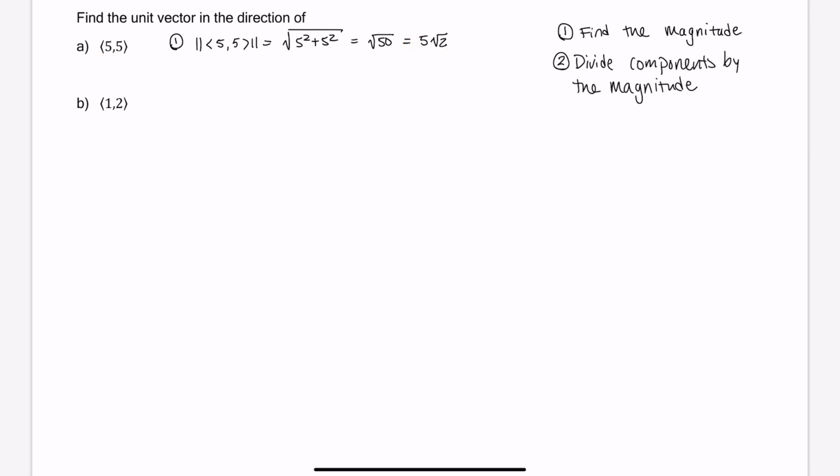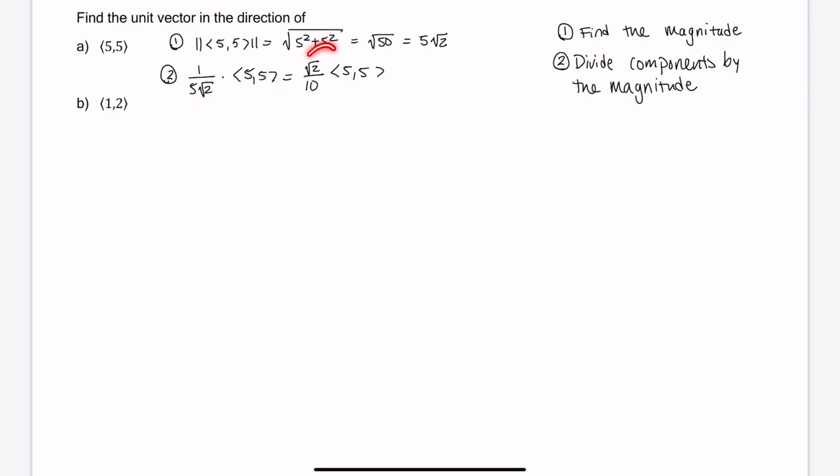Now, of course, division is the same thing as multiplying by a reciprocal, so I'm going to write this as 1 over 5 root 2 times 5. So this is actually root 2 over 10 times 5. All I did from here to here is just rationalize the denominator.